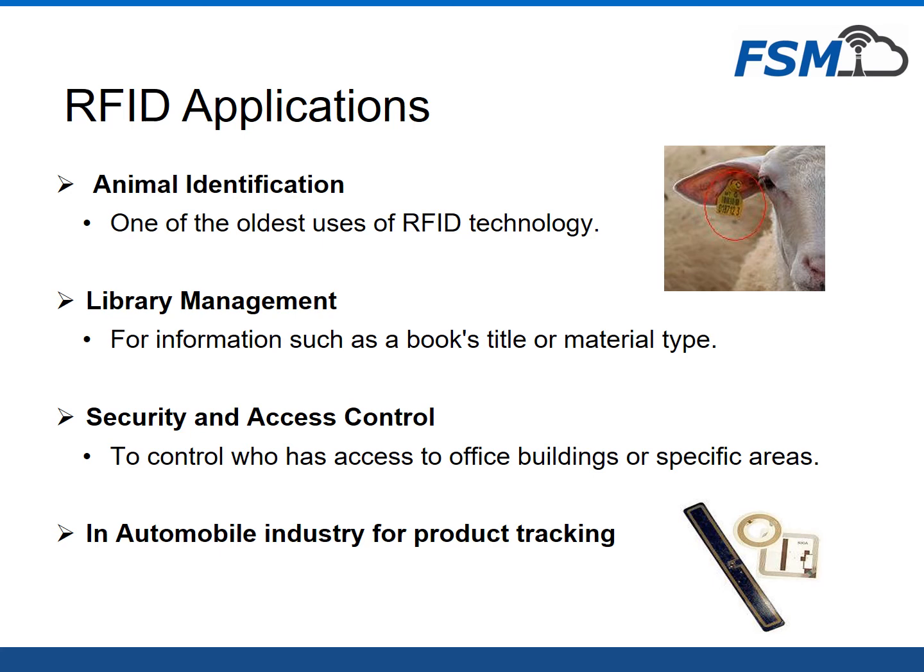Something very familiar to us in the public domain is library management, security and access. And these days, in fact, per ARAI and Surface Transport Ministry, all four-wheelers, private and commercial, are pre-fitted with RFID tags for quick identification and mapping.